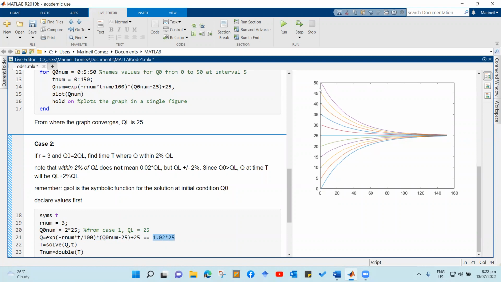This is because we are coming from a higher value than the equilibrium value of Q, and within 2% means plus or minus 2%, so it's either 102% or 98%. Since we're coming from a higher one, we take the upper limit, that's 102% or 1.02 times 25. That's our value of Q.